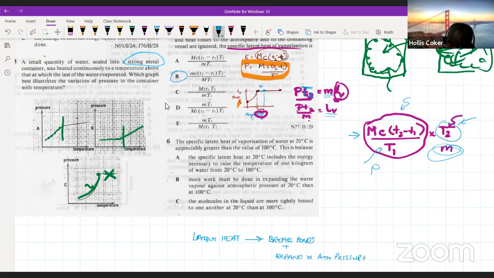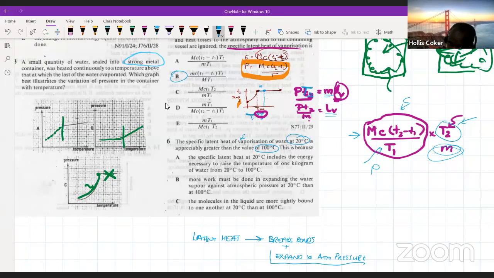Now they're comparing the specific latent heat of vaporization at 20 degrees Celsius to that at 100 degrees Celsius. Because the question made no other reference to pressure, assuming the pressure is the same, the energy to expand against pressure will be the same in both cases.